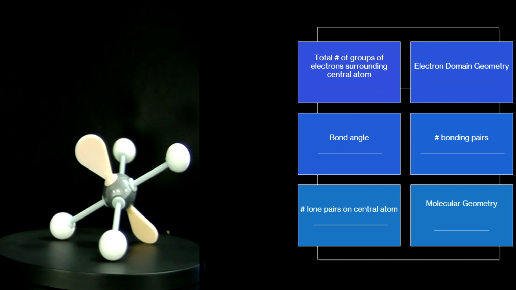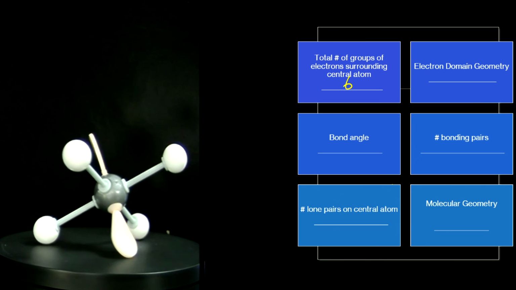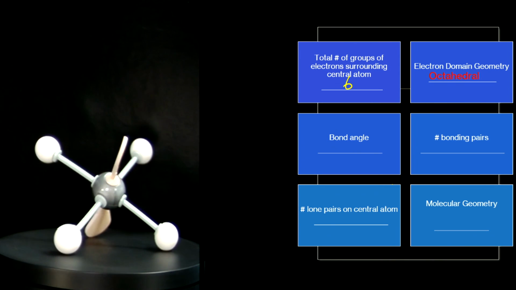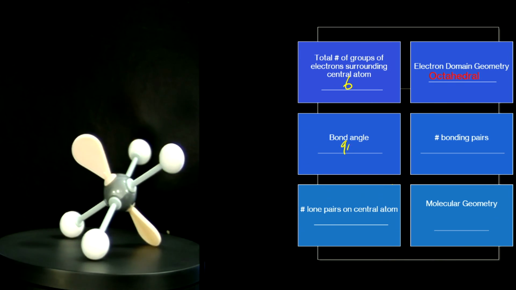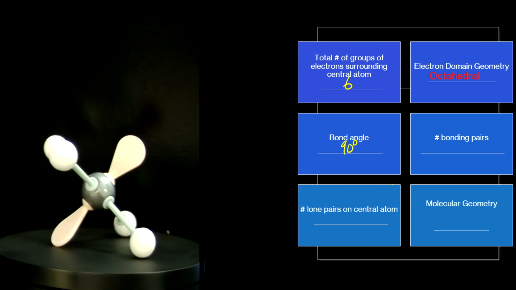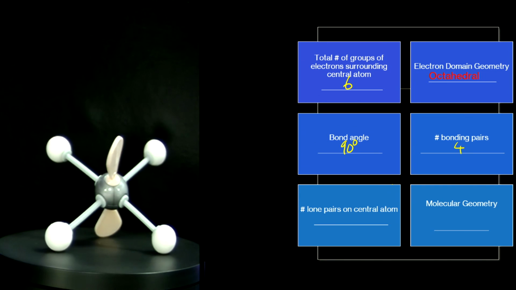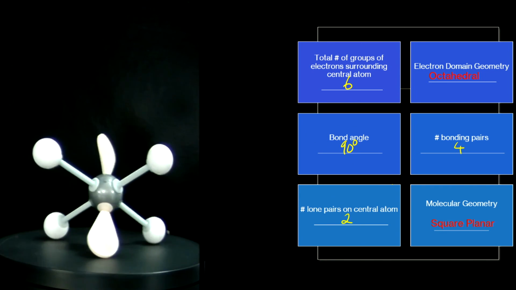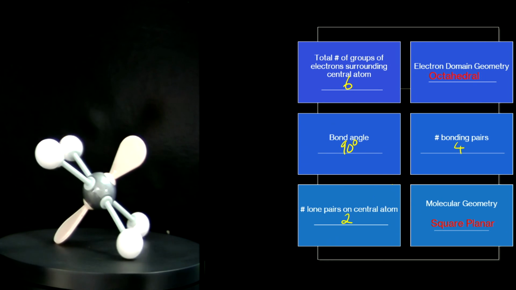So the total number of groups are 6. The electron domain geometry will be octahedral. Our bond angle is 90 degrees. Our bonding pairs will be 4. The lone pairs will be 2. And our molecular geometry will be square planar.